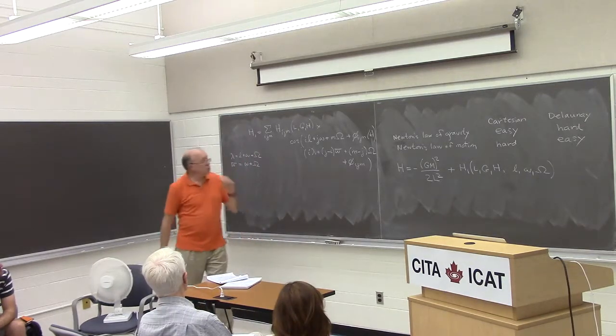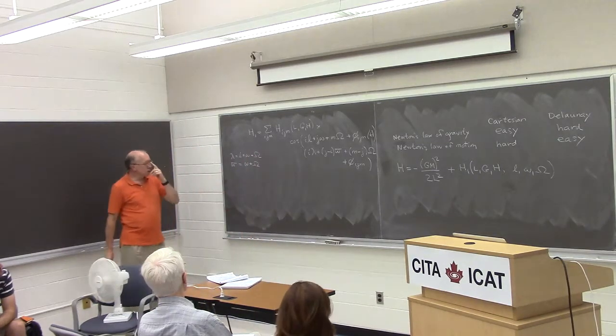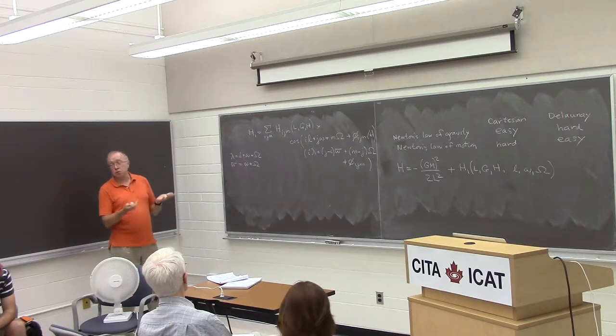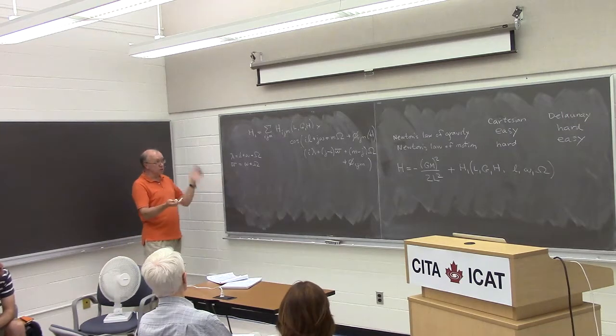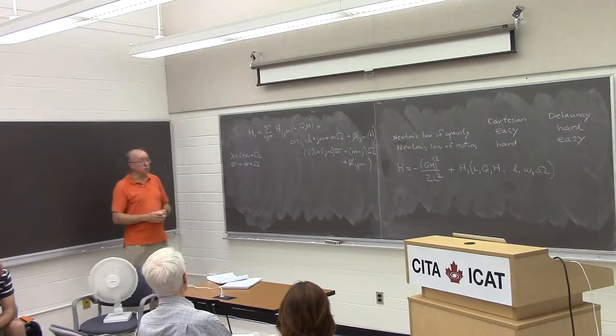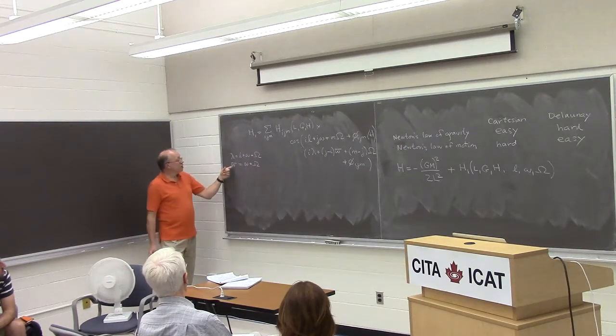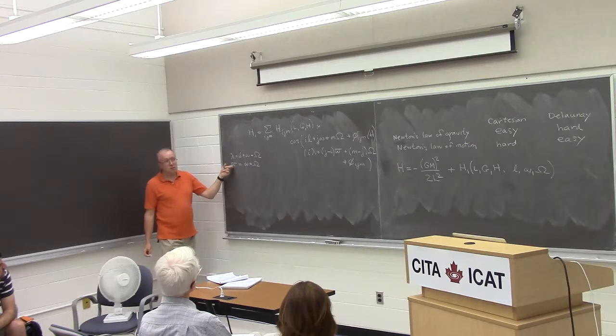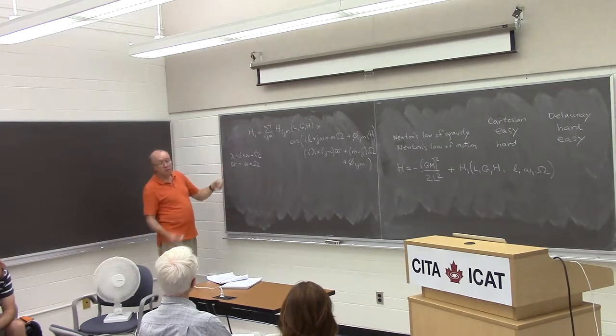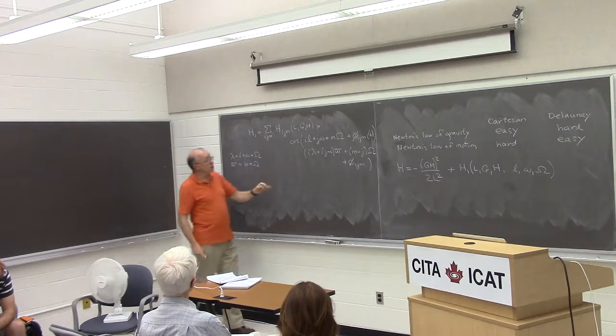So the next thing to notice is that suppose the orbit is circular, the orbit of the object that you're trying to follow. Well, if it's circular, the longitude of periapsis is not defined, so there's no periapsis.